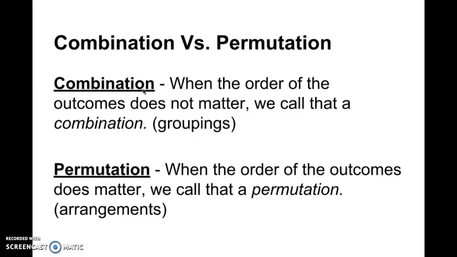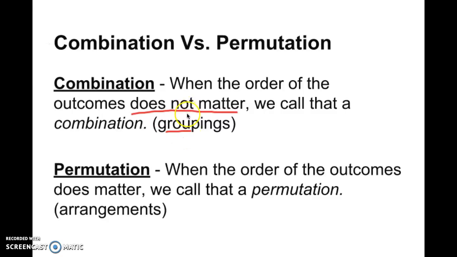Now, a combination is a series of numbers or letters or combinations of that. And what separates a combination from a permutation is that in a combination, the order does not matter. So a lot of times you will hear these be called groups.